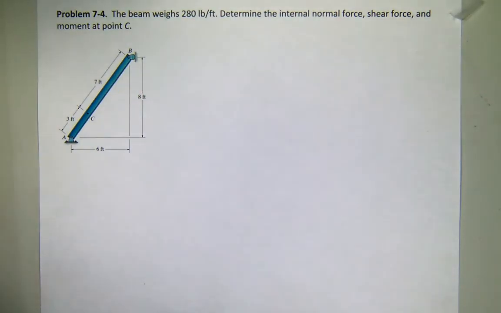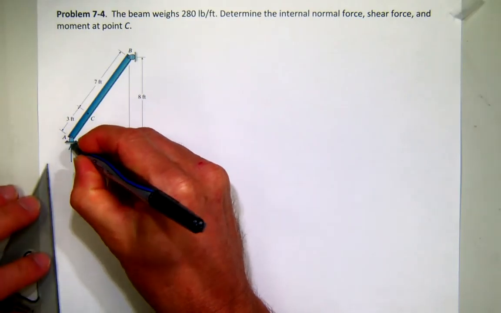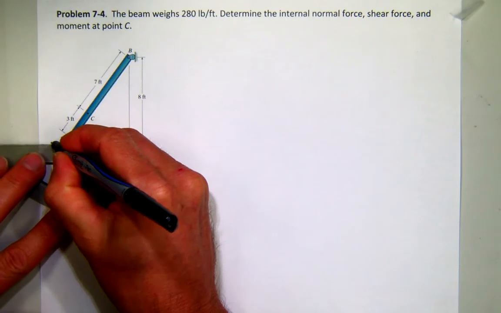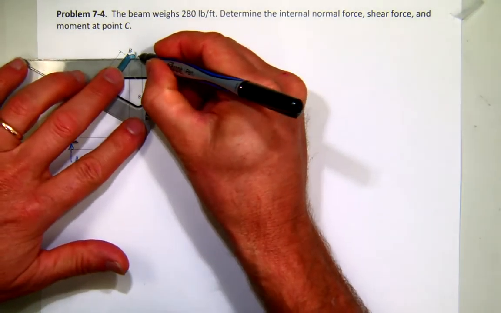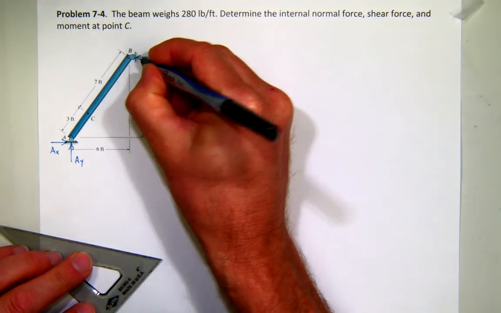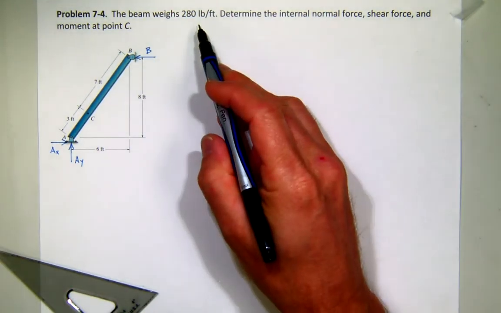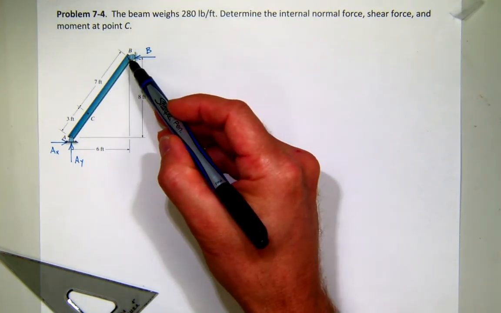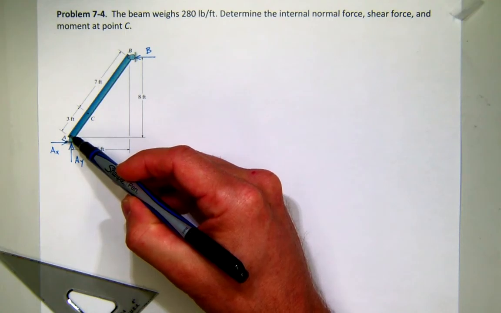Right? If I cheat a little bit and use the diagram as my free body diagram, you can see that I've got a y component and an x component at A, and then I just have a force at B. Also, the beam weighs 280 pounds per foot, so I have to multiply it by the length of the beam to get my total load.